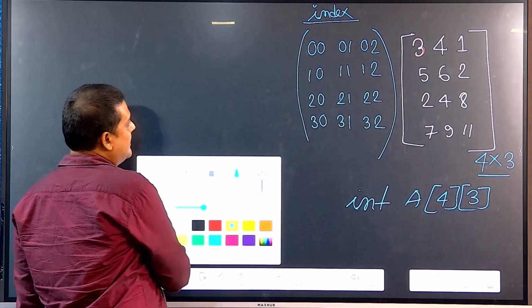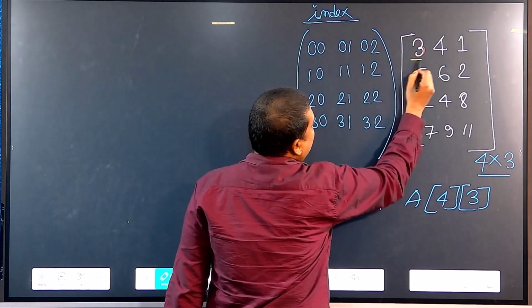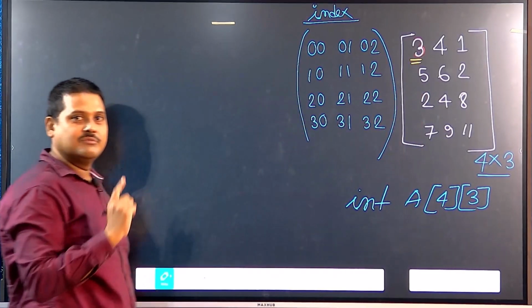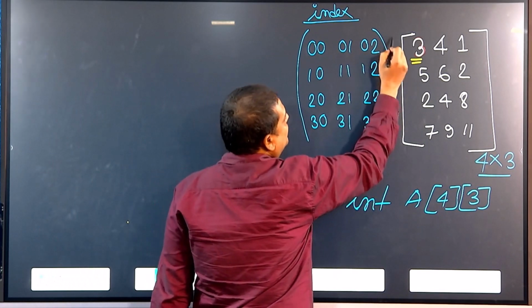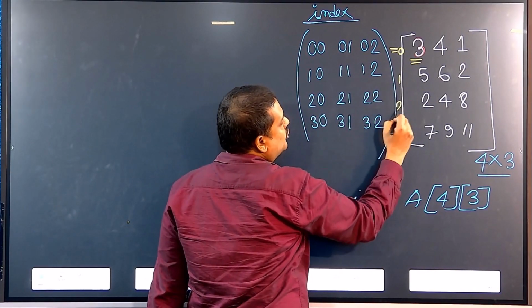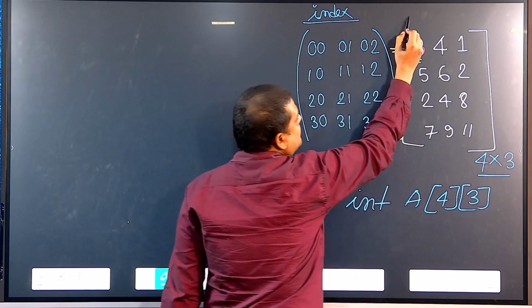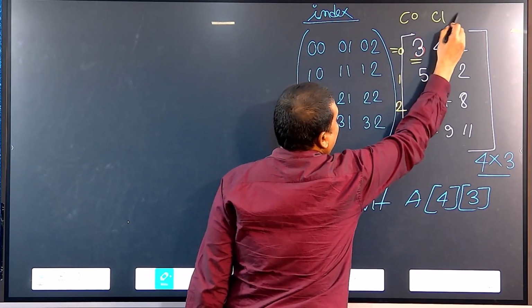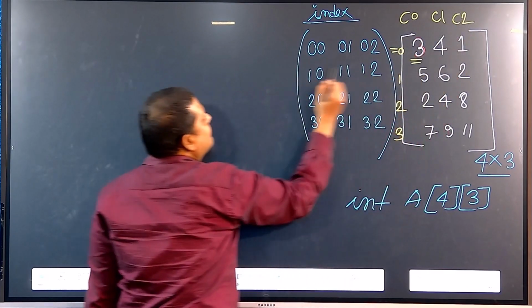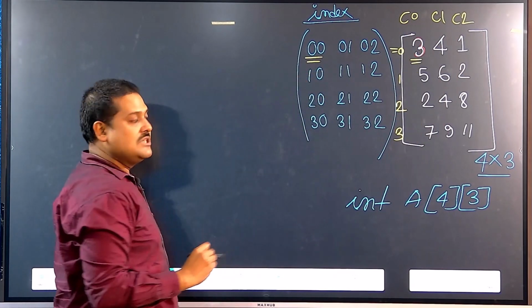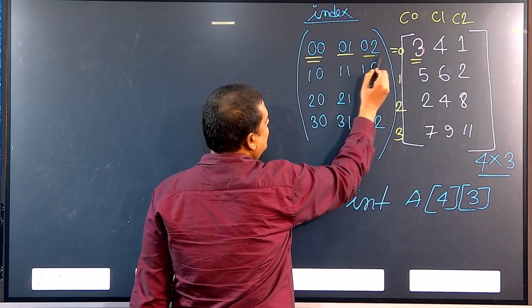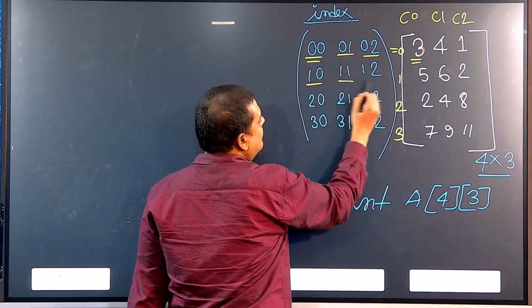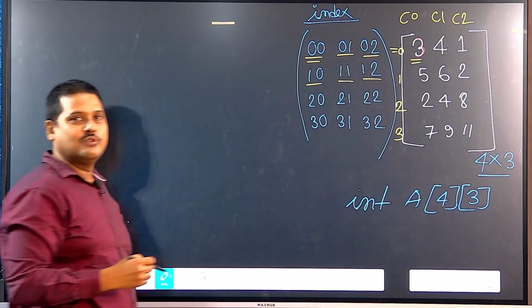If we start the index of the row from 0, this is row 0, row 1, row 2, row 3, and this is column 0, column 1 and column 2. So the index of the value 3 is 0 0, the index of 4 is 0 1, then 0 2, 1 0, 1 1, 1 2. This way all the values will be stored.